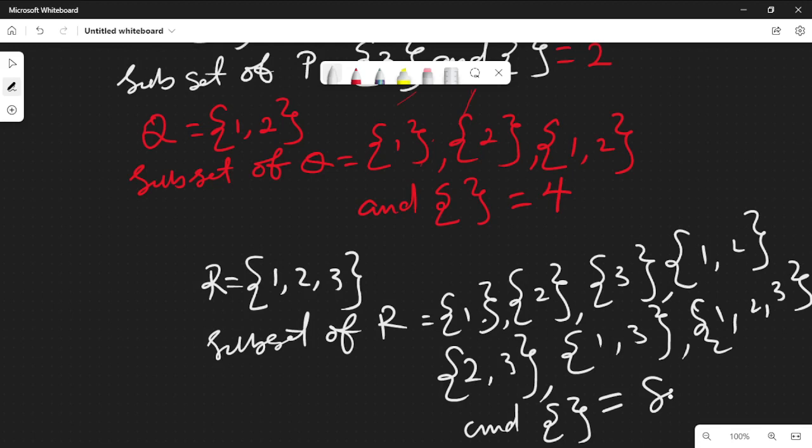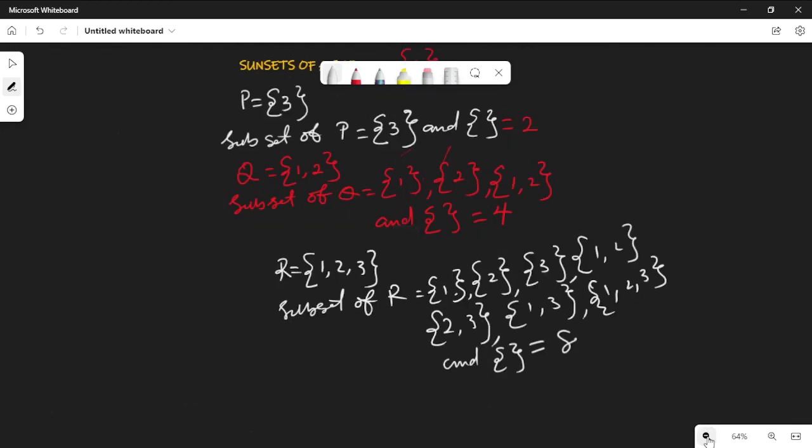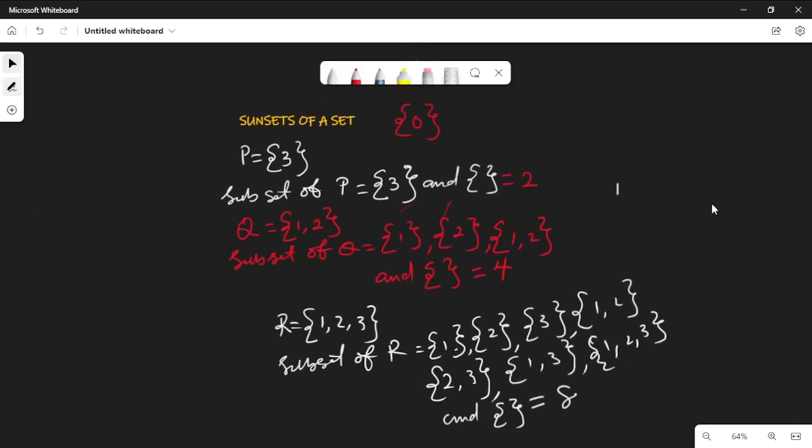So how do we find this? This is taking much time for us to determine. Now, if you look at this very well, you get to see something. I don't know if you are noticing the pattern. When we have 1 element inside this set, the number of subsets is 2.